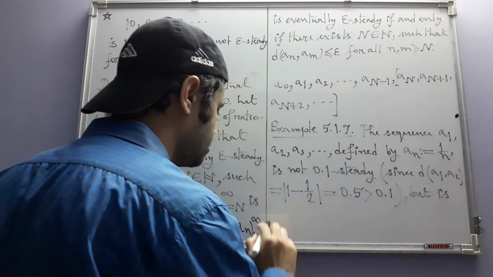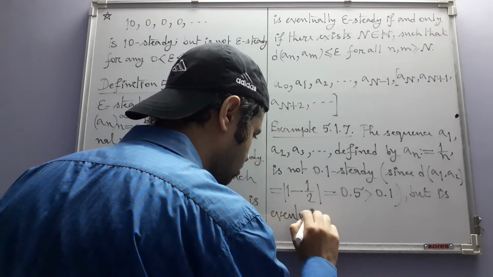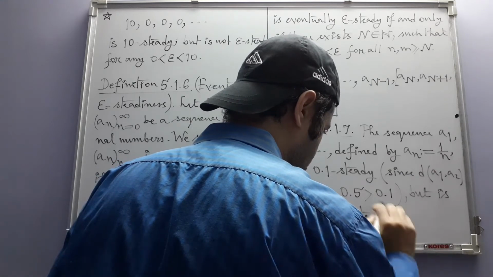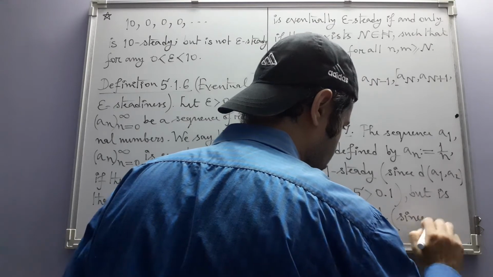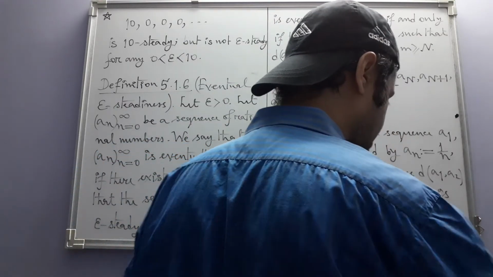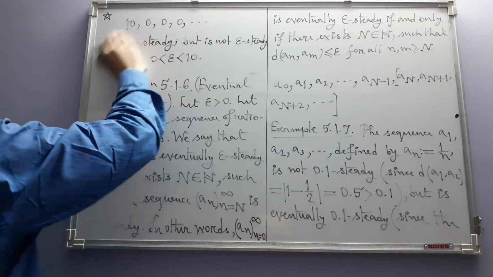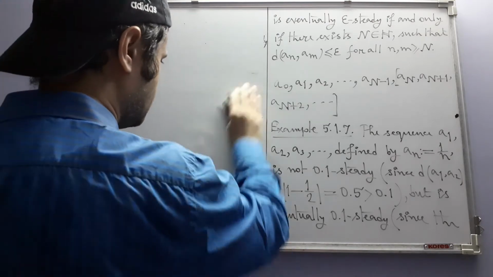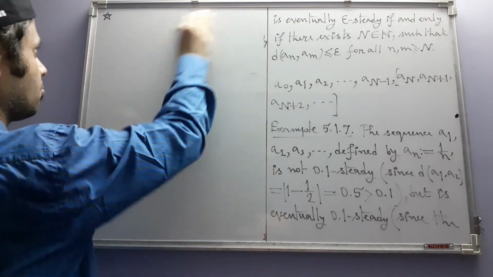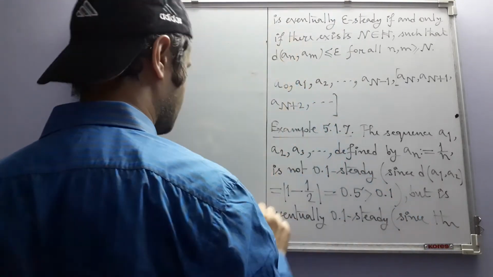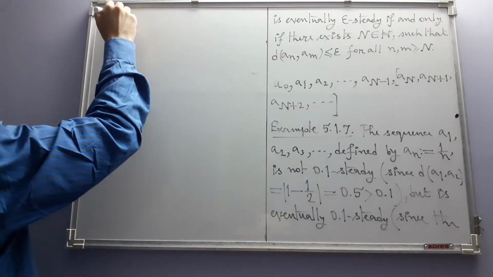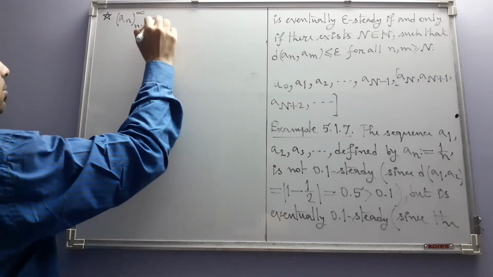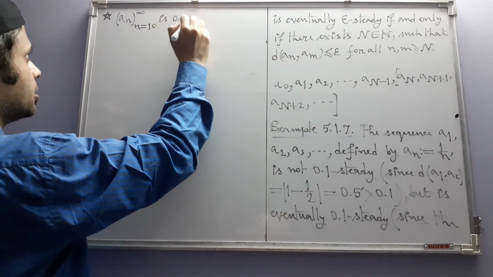it is eventually 0.1 steady. Since the sequence a_n, where n starts from 10, is 0.1 steady.